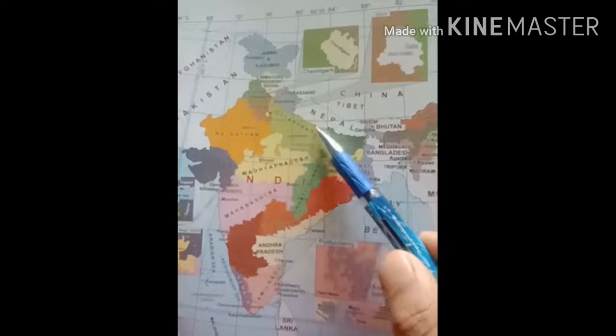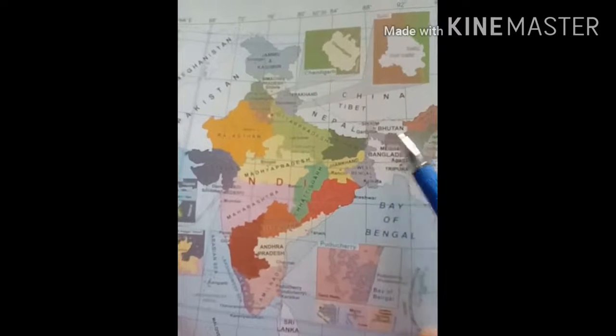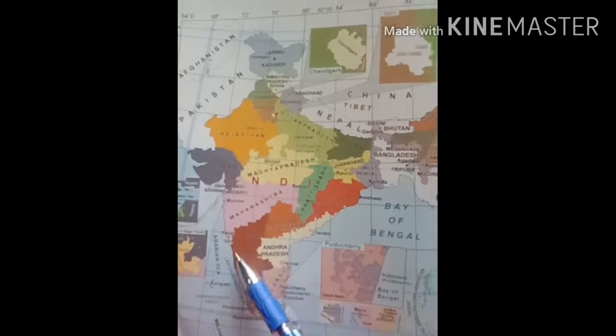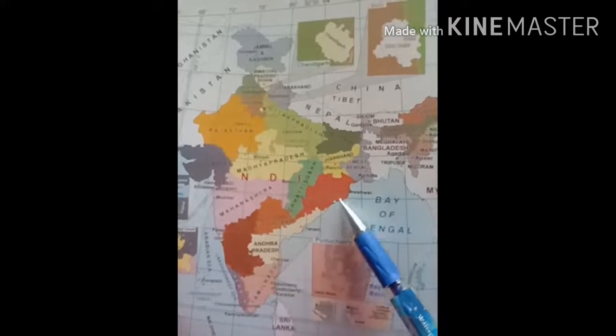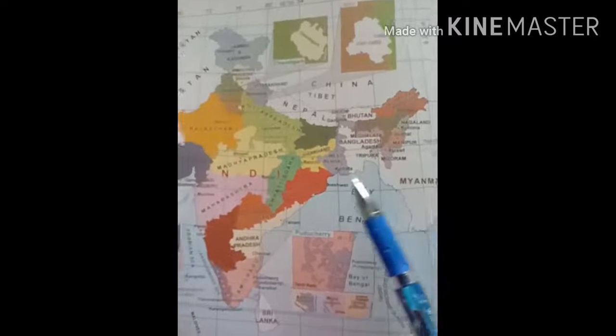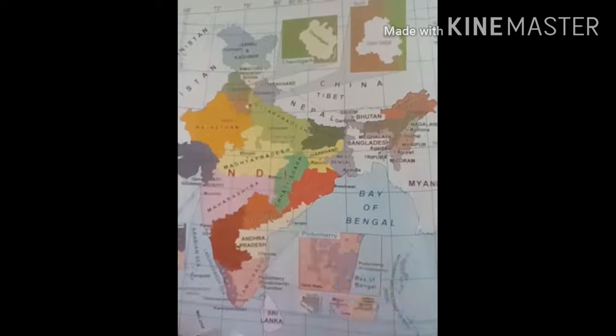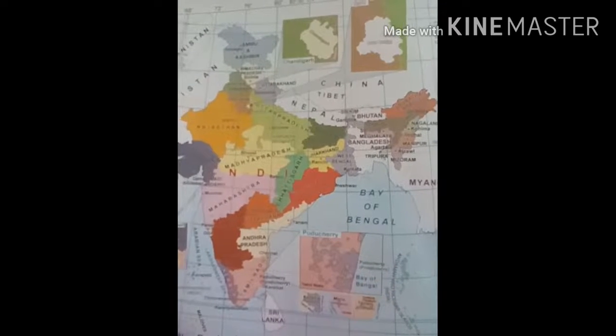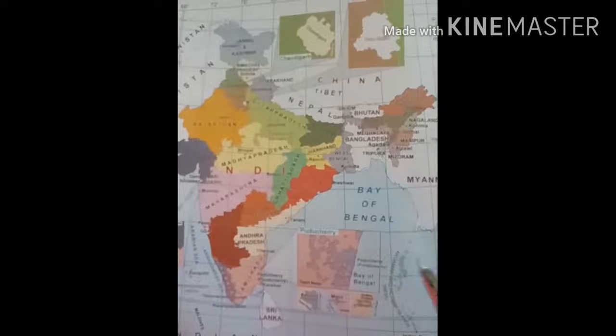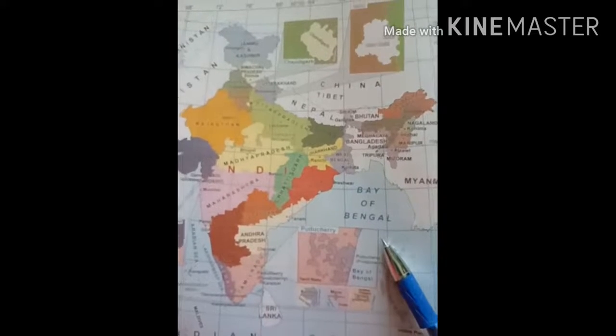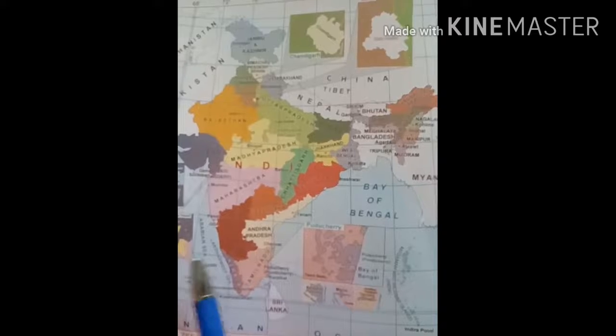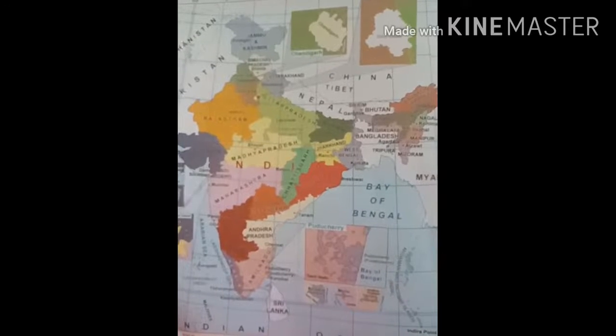India's landmass begins to form a cone shape south of 22 degree north latitude. The landmass extends toward the Indian Ocean and divides it into the Arabian Sea in the west and the Bay of Bengal in the east. Latitude as well as longitude extent of the mainland is about 30 degrees both ways.